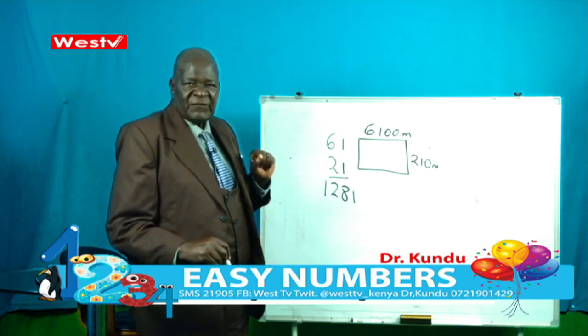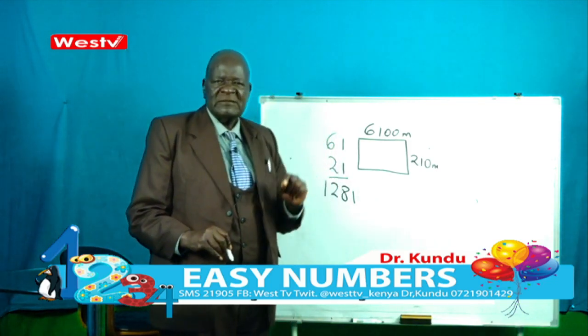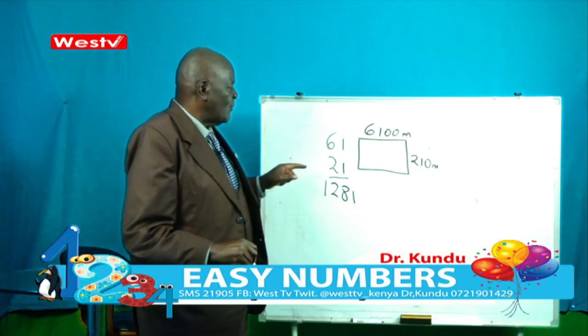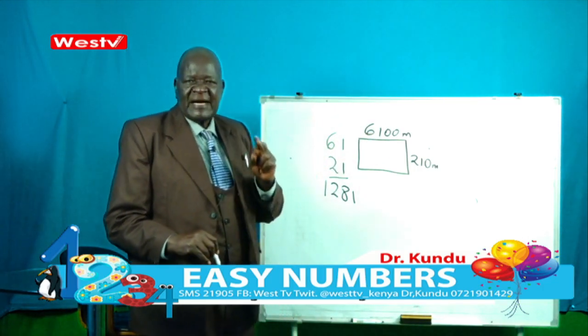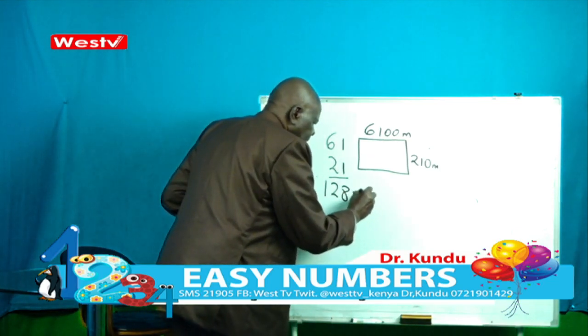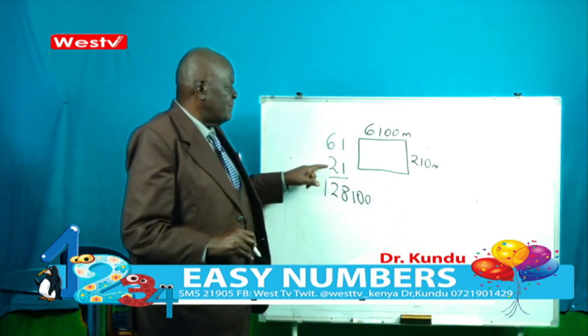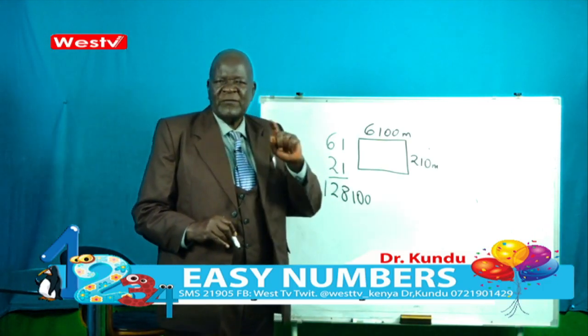Once it is 1281, then I remember, oh, the main number was not 61, it was 6100. Those are 2 zeros. I bring them back. And again I remember, the main number was not 21. It was 210.